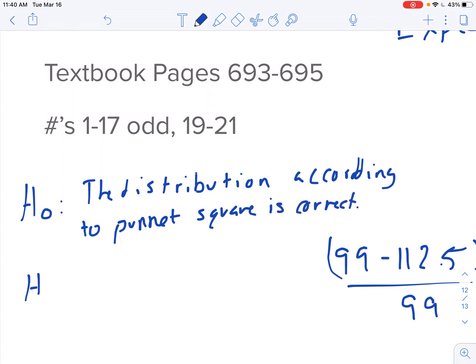And then my alternative hypothesis is that the distribution according to the Punnett square is incorrect.